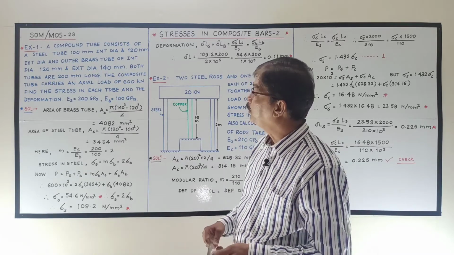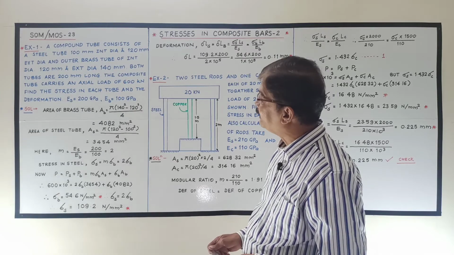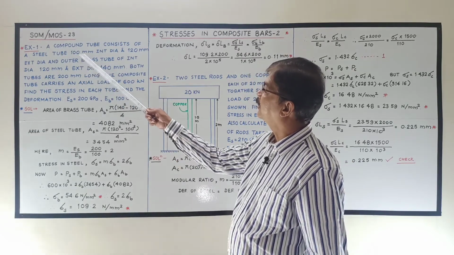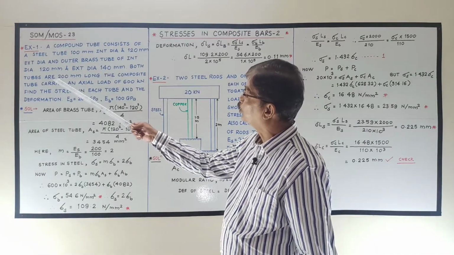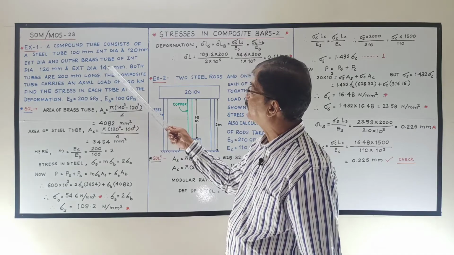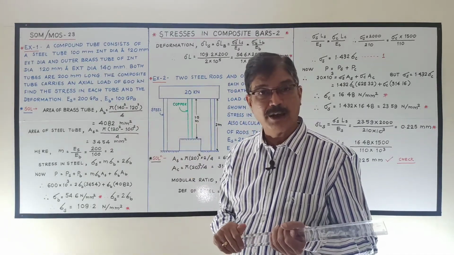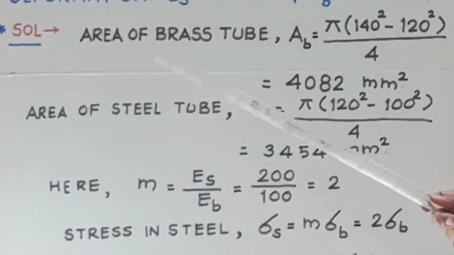The outer tube is a brass tube and the inner tube is a steel tube. For the steel tube, internal diameter is 100 mm, external is 120 mm. For the brass tube, internal is 120 and external is 140. And both are 200 mm long. Load is also given. So let us first find out the area of the brass tube.